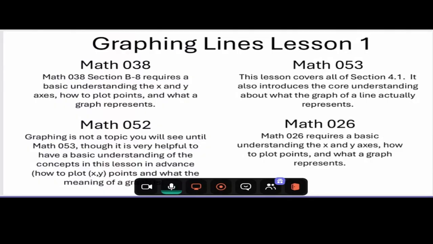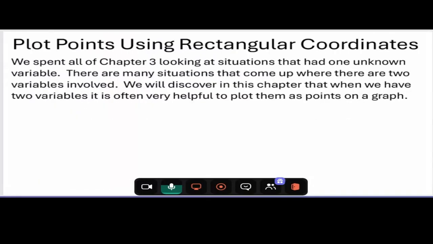And again, for Math 052, there is actually not graphing specifically in your course, although there is some overlap here and there, and I'll mention when that happens. But really, other than getting an advanced look at how this all works for when you move on to 053, there's not a direct connection to your course in these lessons on graphing.